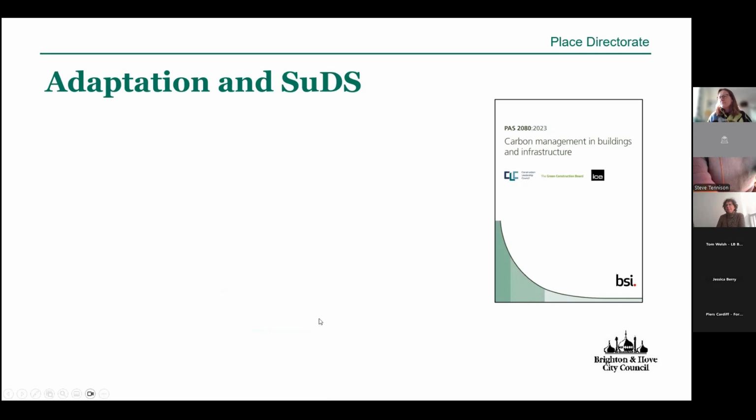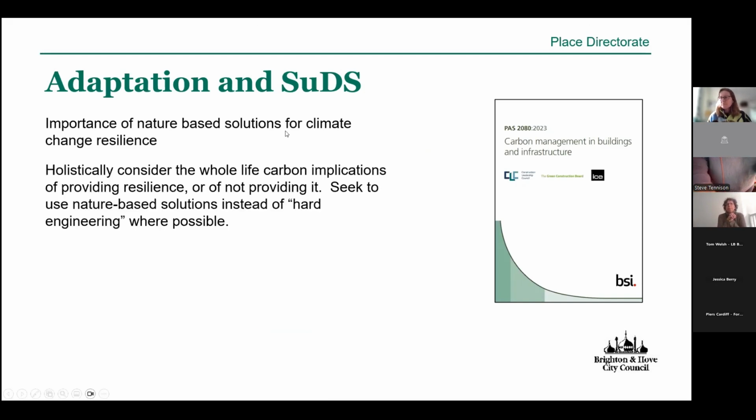So I also wanted to just briefly touch on the carbon perspective for SuDS as well. PAS 2080 is a publicly available specification for carbon management in buildings and infrastructure.